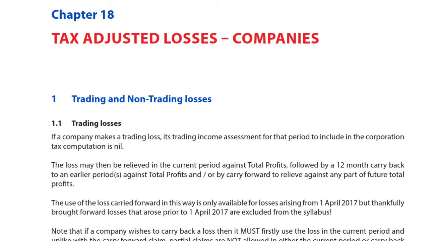Now, when there were tax-adjusted trading profits, those would be allocated to the relevant income tax year of assessment, using for a normal ongoing business the current year basis, which I hope is all good revision for you now.